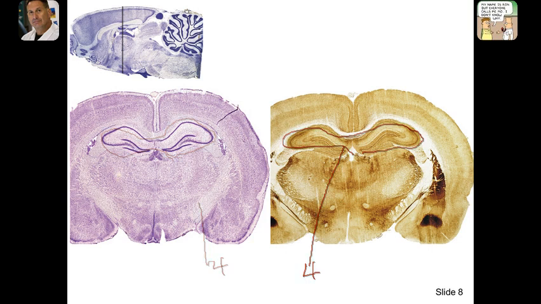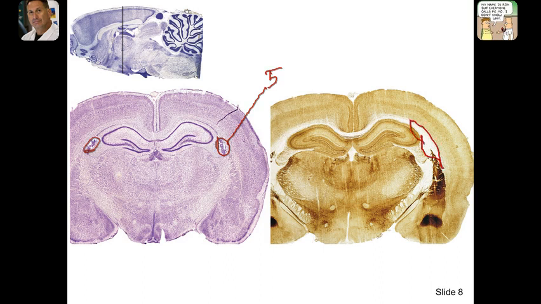We have lateral ventricles. We have choroid plexus inside the lateral ventricle. We have the fornix.